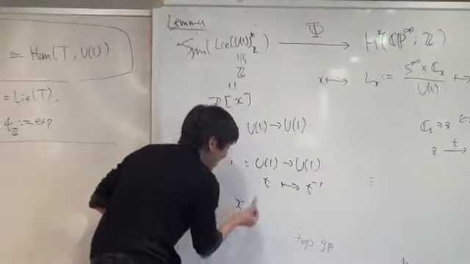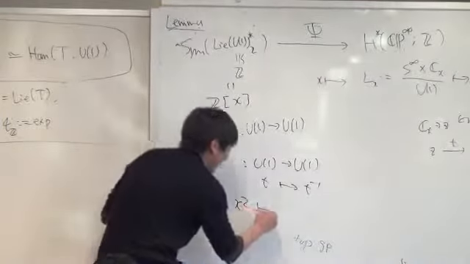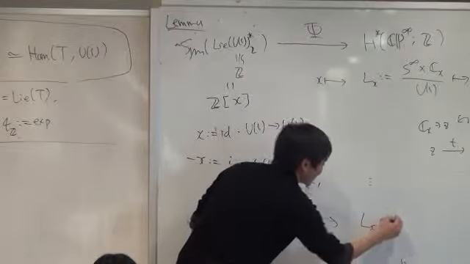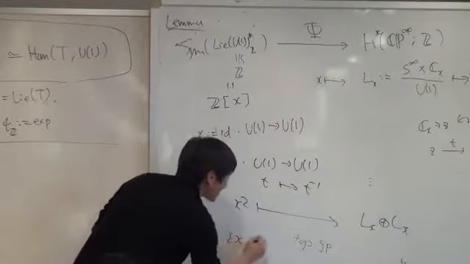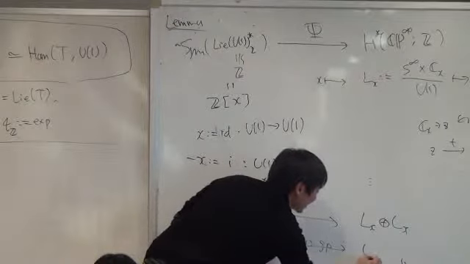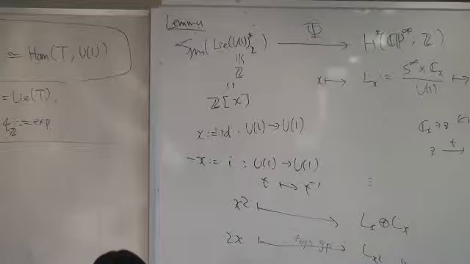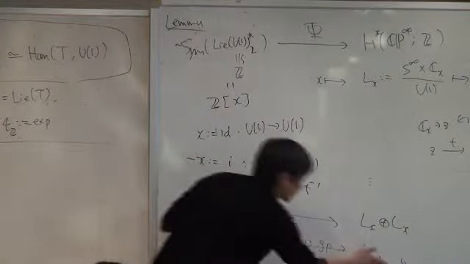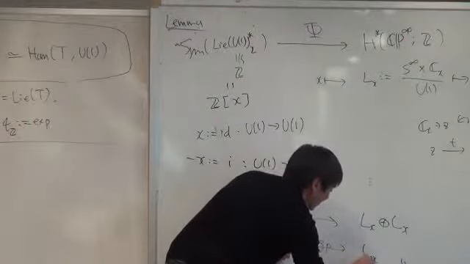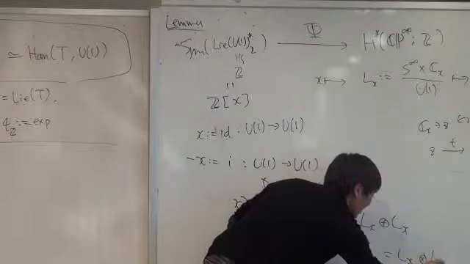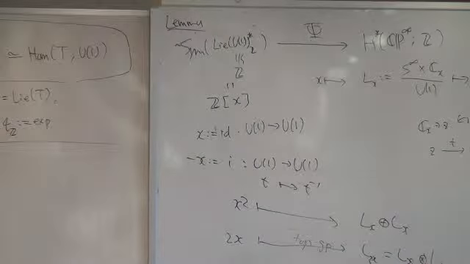I always get confused. No, sorry: 2x goes to Lx tensor Lx. It's okay, right? I think.